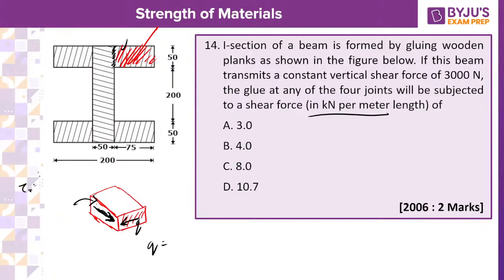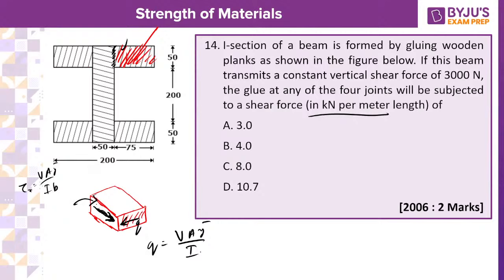Shear stress was VAy bar by Ib. So if you multiply by b, then shear flow will become VAy bar by I. The stress is per unit area, whereas shear flow is per unit length.